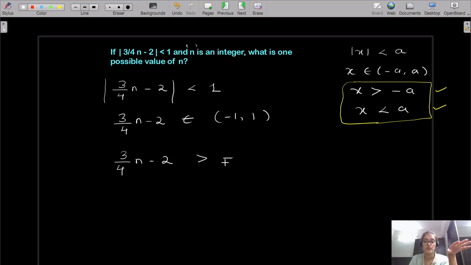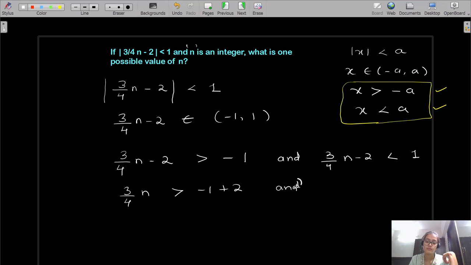So this expression should be greater than negative 1 and this expression should be less than 1. So now we can solve these two inequalities. I'm going to add a 2 on both sides, so I get 3 over 4 n is greater than negative 1 plus 2, and 3 over 4 times n is less than 1 plus 2.